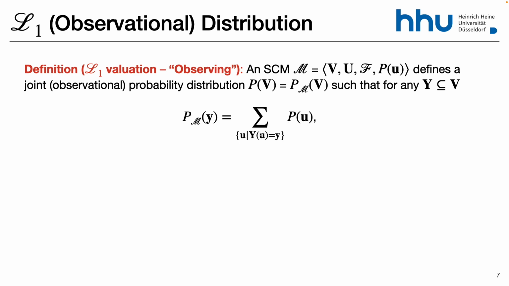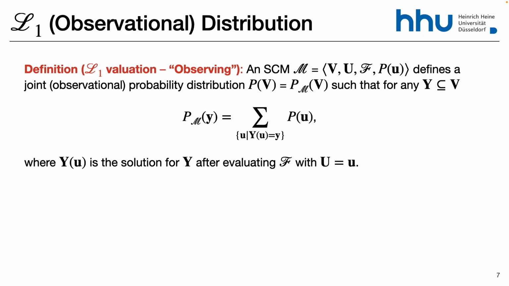It's the sum over all U such that the potential response, the value of the variable Y after having this specific set of U's, is exactly the y that we're talking about. So you just compute the probability of those specific U's that turn into Y equals small y.